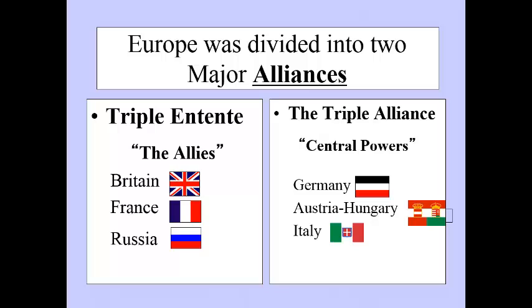And you can see how having a small, localized conflict could really quickly escalate into a Europe-wide war, because a small conflict between two countries on opposite ends of the alliances brings in all the other countries. Another issue is that these were secret alliances prior to the start of war. These alliances were not things that were necessarily well known by the general public.